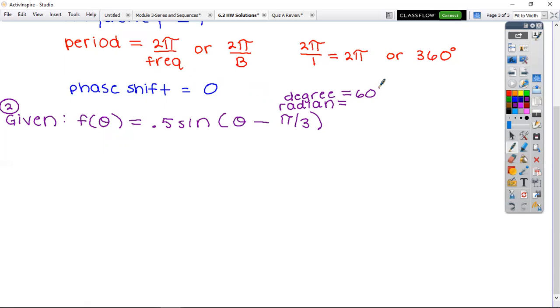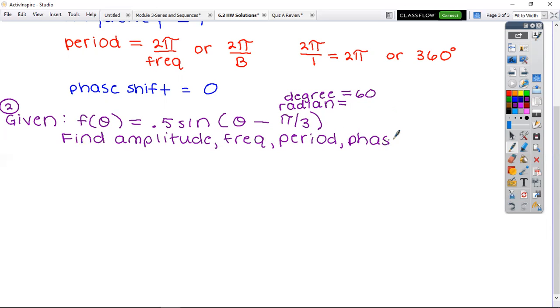I'm going to find everything again. So I'm going to say find your amplitude, your frequency, the period and the phase shift. So everything. All right, so amplitude in this case is going to be 0.5, 1/2. Next, your B is your frequency value.